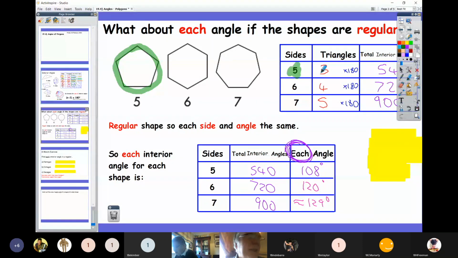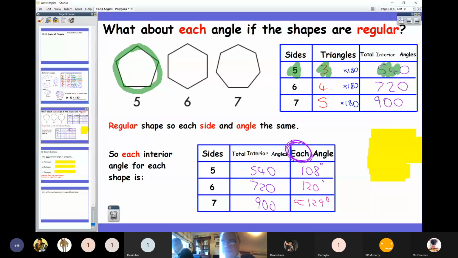Times that by 180, we know the angles inside the shape add up to 540. But how many angles are there? It's got 5 sides, so we need to take that 540 and divide by 5, and we know that each angle is 108 degrees. So don't divide by the number of triangles, because that would just take you back to 180.